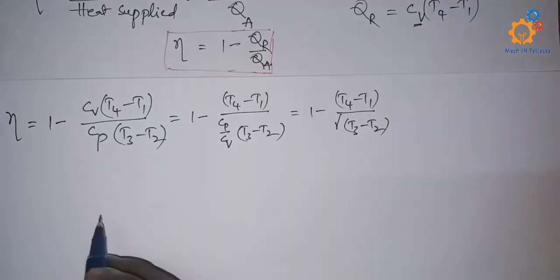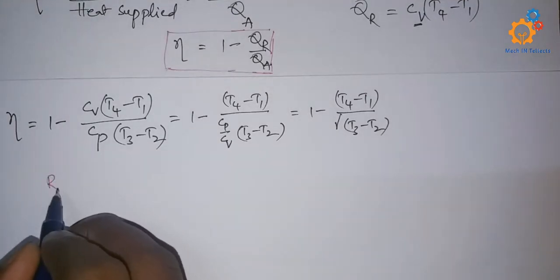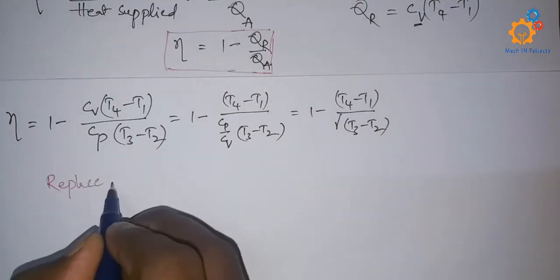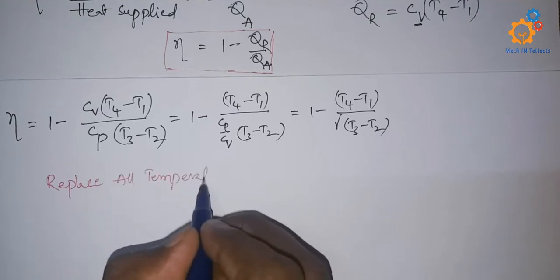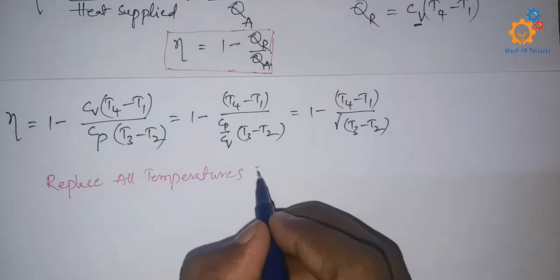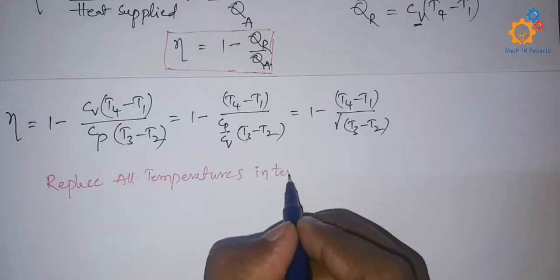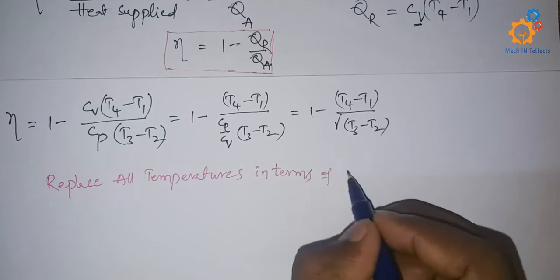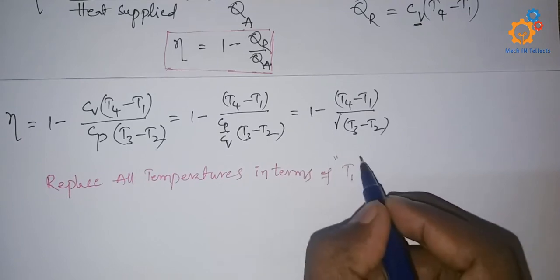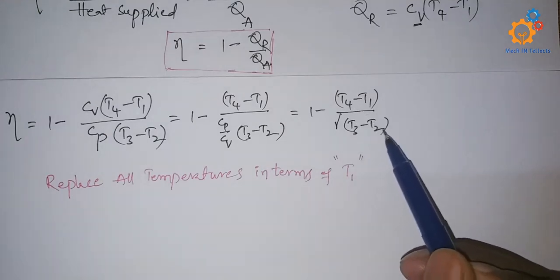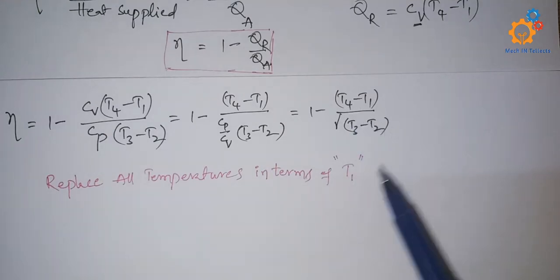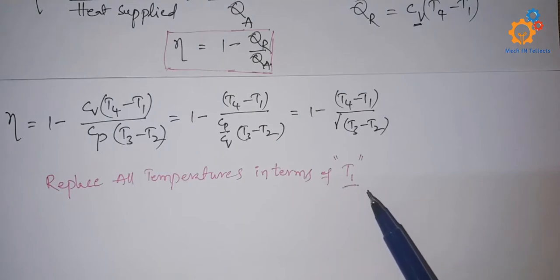Replace all the temperatures in terms of T1. Replace all the temperatures like T2, T3, T4 in terms of T1. Then it is very easy to find the efficiency expression.